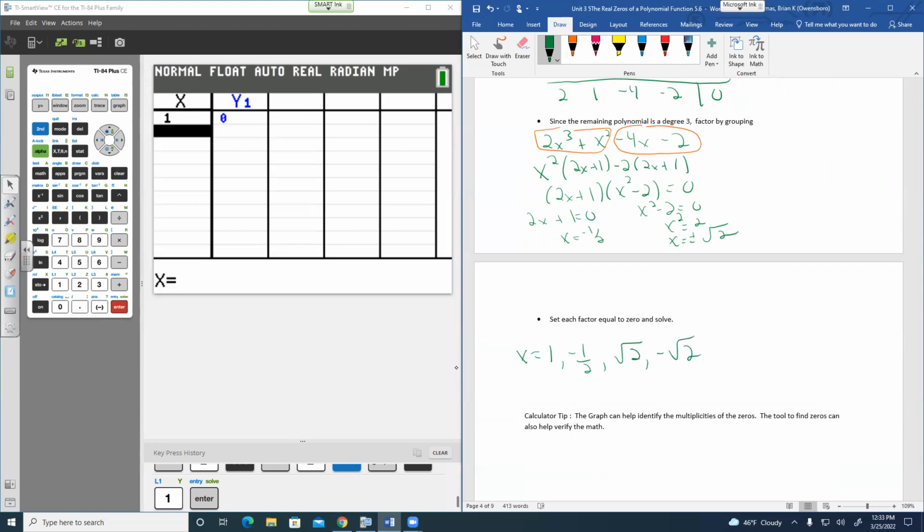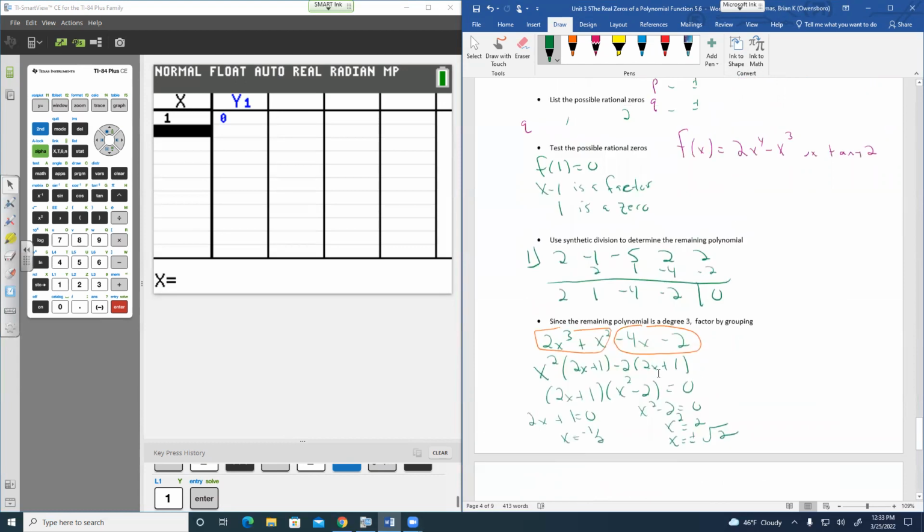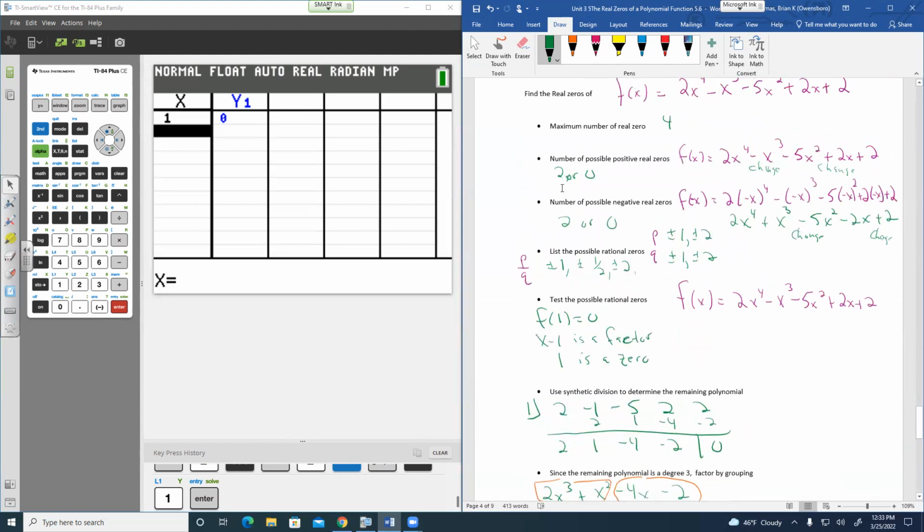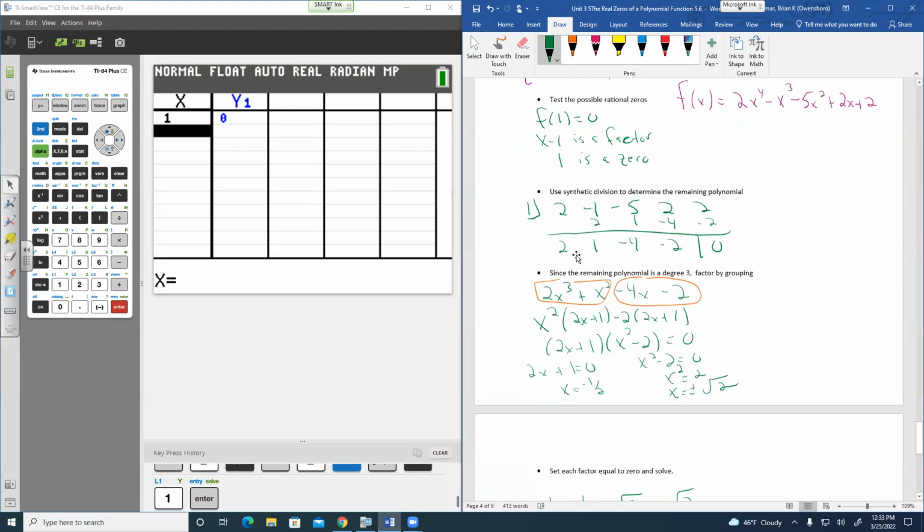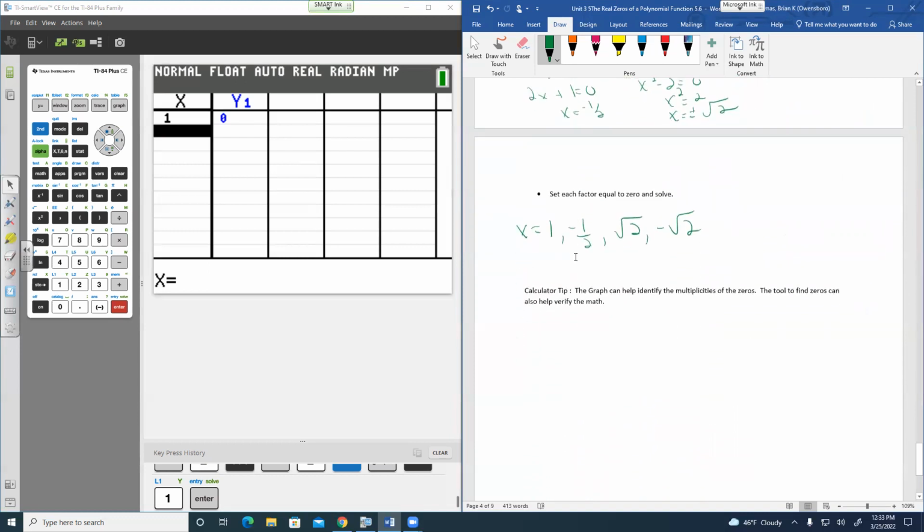So we found 4 zeros. Two are positive and 2 are negative, and I think that's what we were talking about up here. You could have 2 positive or 2 negative. So we end up with those as our solutions.